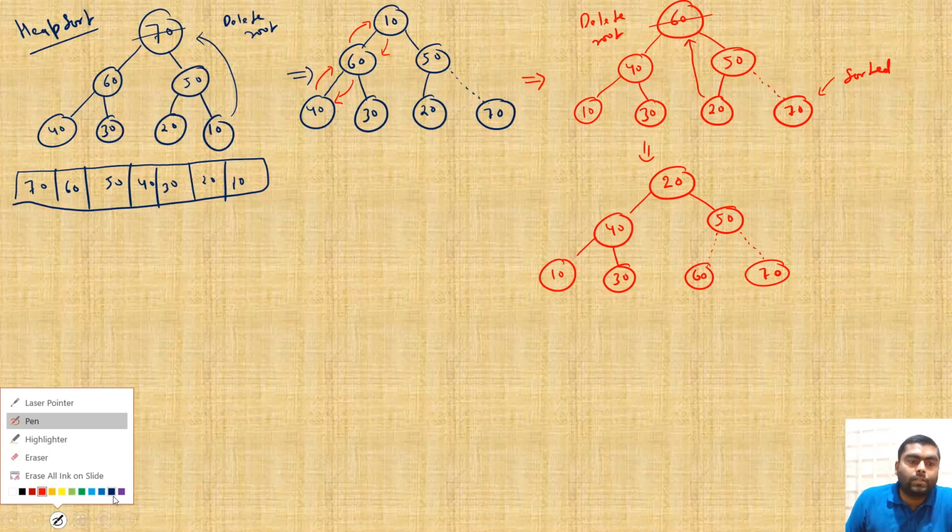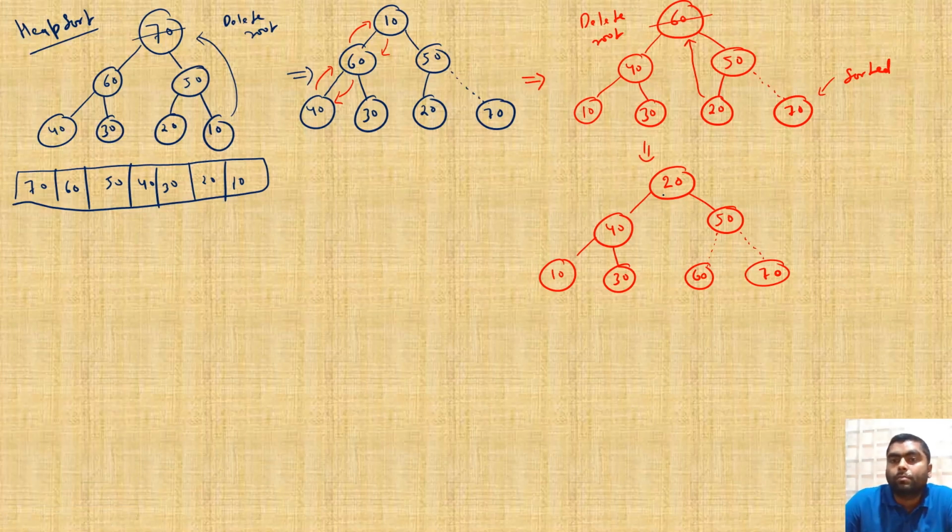In order to maintain max heap, what will be the possible values? So this possible value is what? Of these, 70 is greater, so 50 is greater, 50 will come here and 20 will go there.